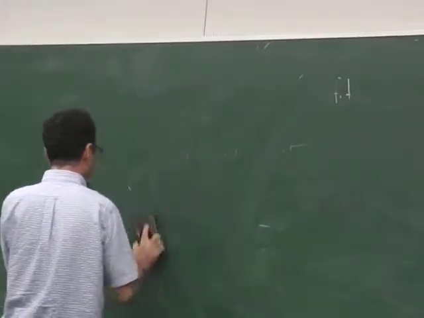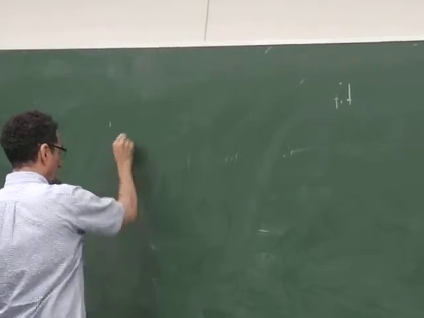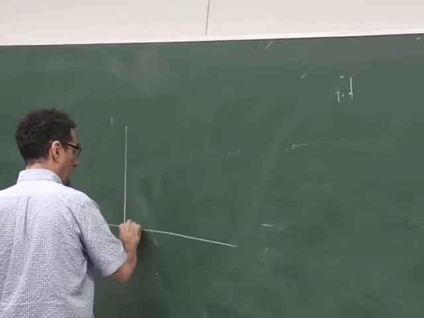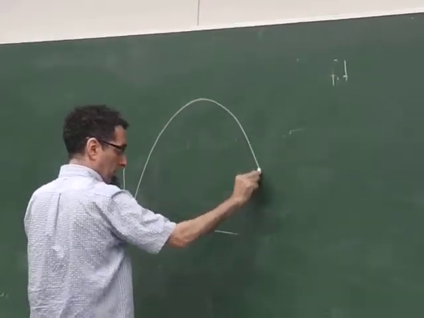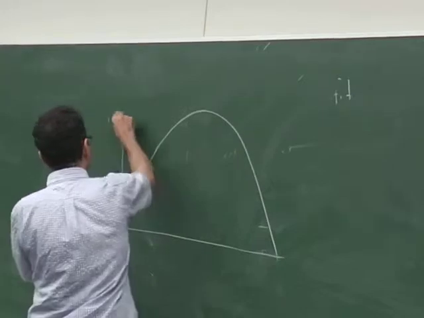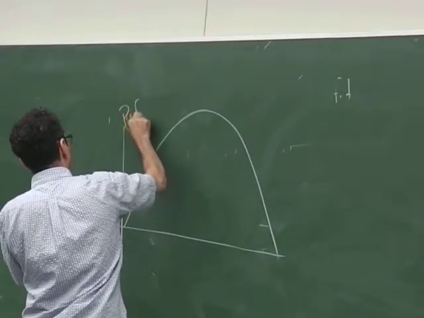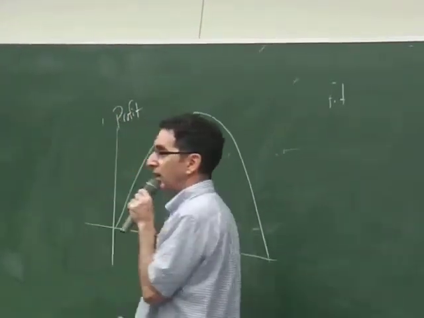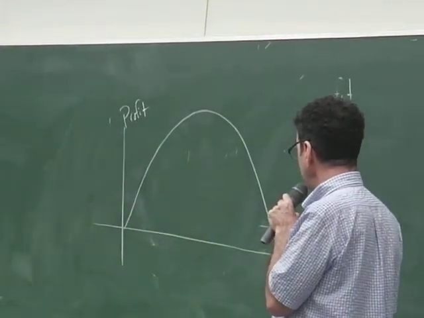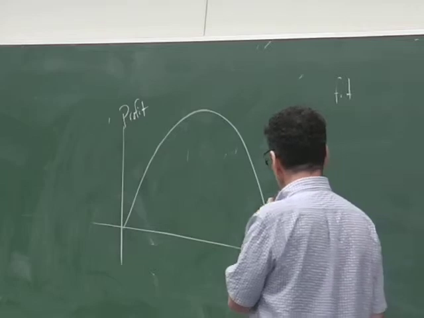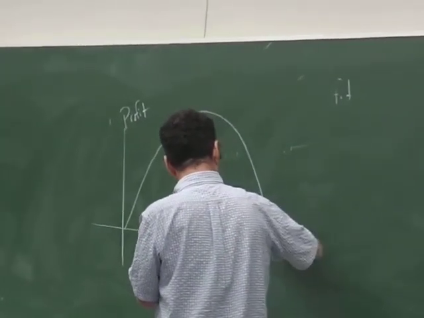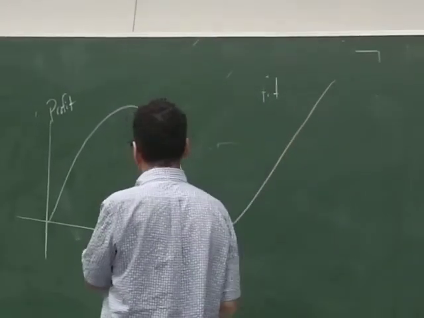So let me redraw that. Suppose it looks like this. In fact, let me just make it simple right now. And suppose this represents profit. Okay? Now, no, I'll change it. Like that.